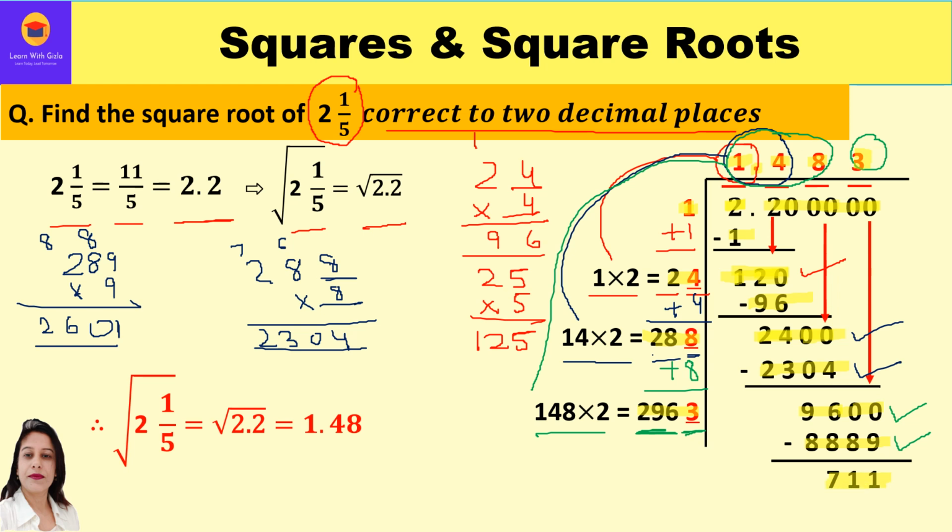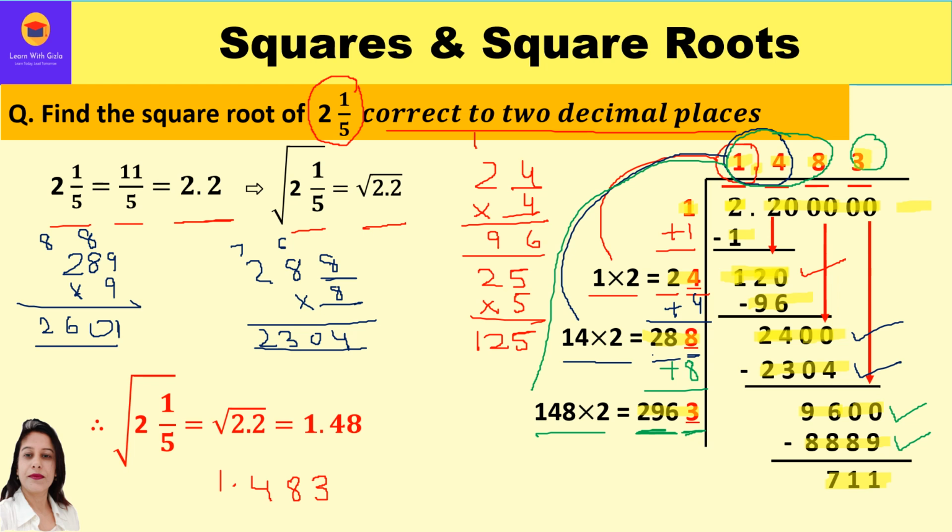Right? Now there is no more period left. We have already got 3 decimal places. Now the question arises that we have now the number in the quotient 1.483, right? We have 3 decimal places, but they have asked us to find the square root correct to 2 decimal places.